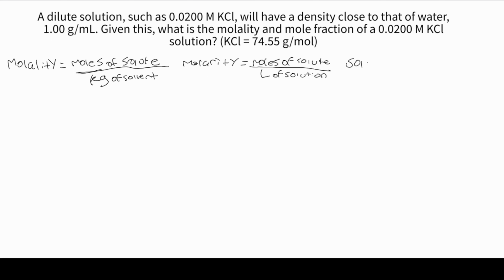And in a solution, we have a solute and a solvent.